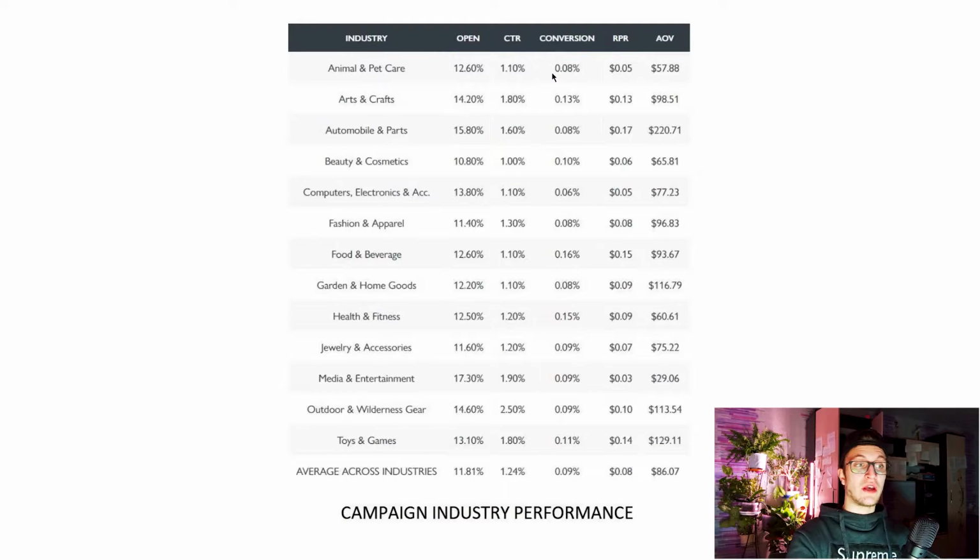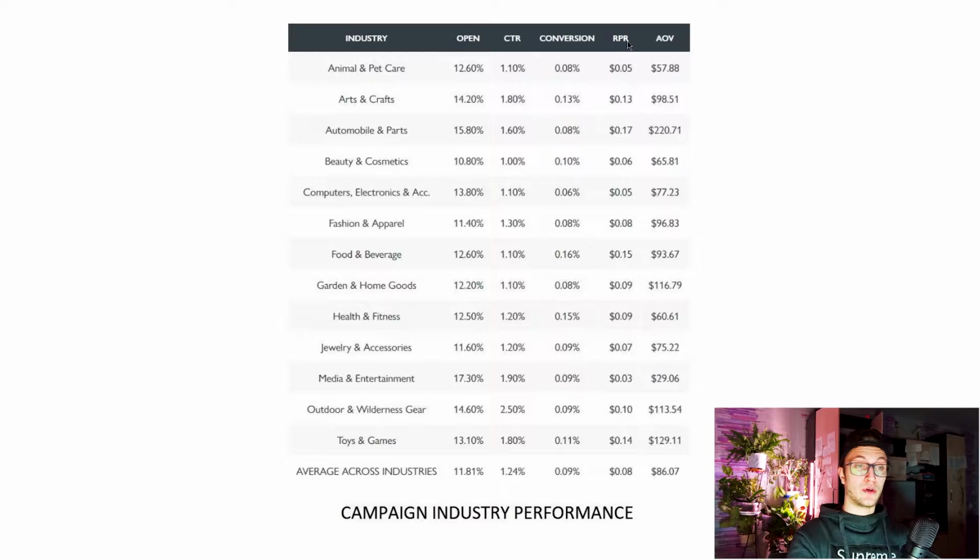Conversion is 0.08. Not very high. I mean, they're all not pretty high, but again, it's not the conversion, it's the amount of people who actually open this email, and 12.6% tells me everything. Now, this does not stand for repeat purchase rate.